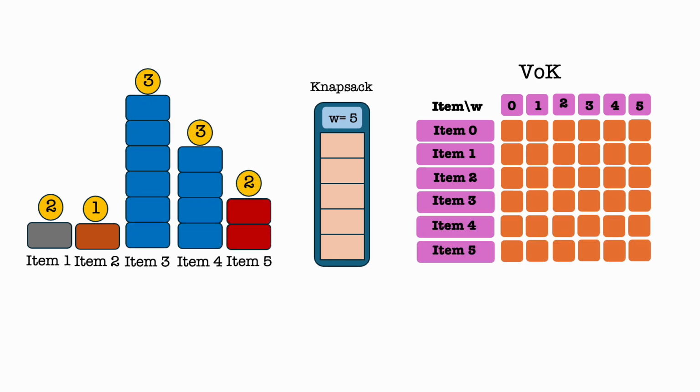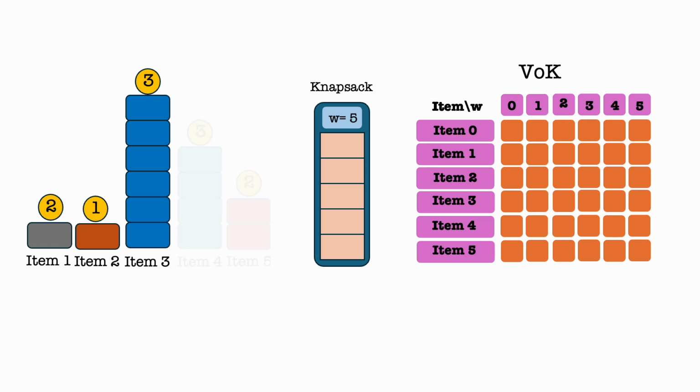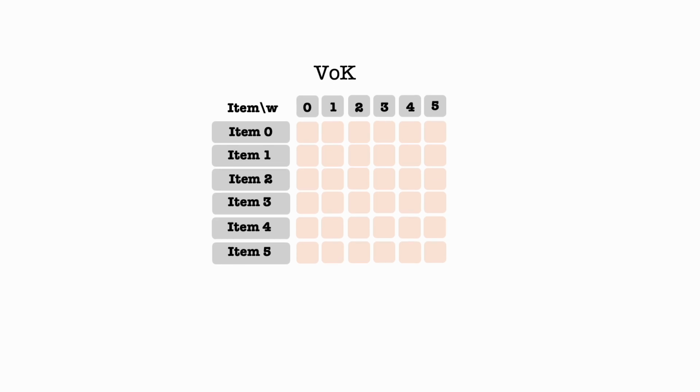All entries represent the solution of a unique subproblem. Let us say we are calculating the solution of a subproblem where items 1, 2 and 3 are present and the capacity of the knapsack is 5. In the array we can write that we have to calculate the value of VOK[3][5]. In this two-dimensional array, each cell represents a subproblem.